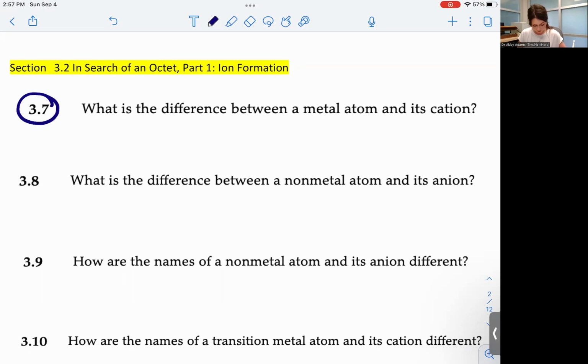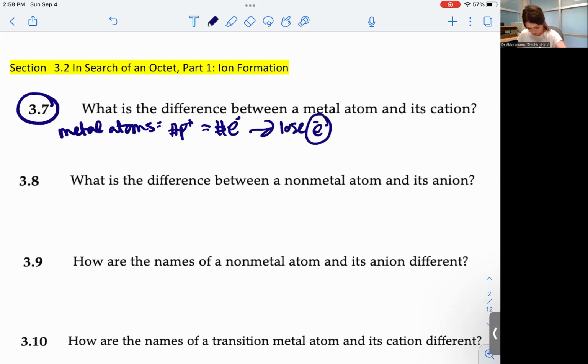Well, for metal atoms, the number of protons is going to equal the number of electrons. But we're going to lose an electron to get to that almighty octet, that stability that we want, the advantage of that arrangement and the decrease in reactivity you would have once you get there.